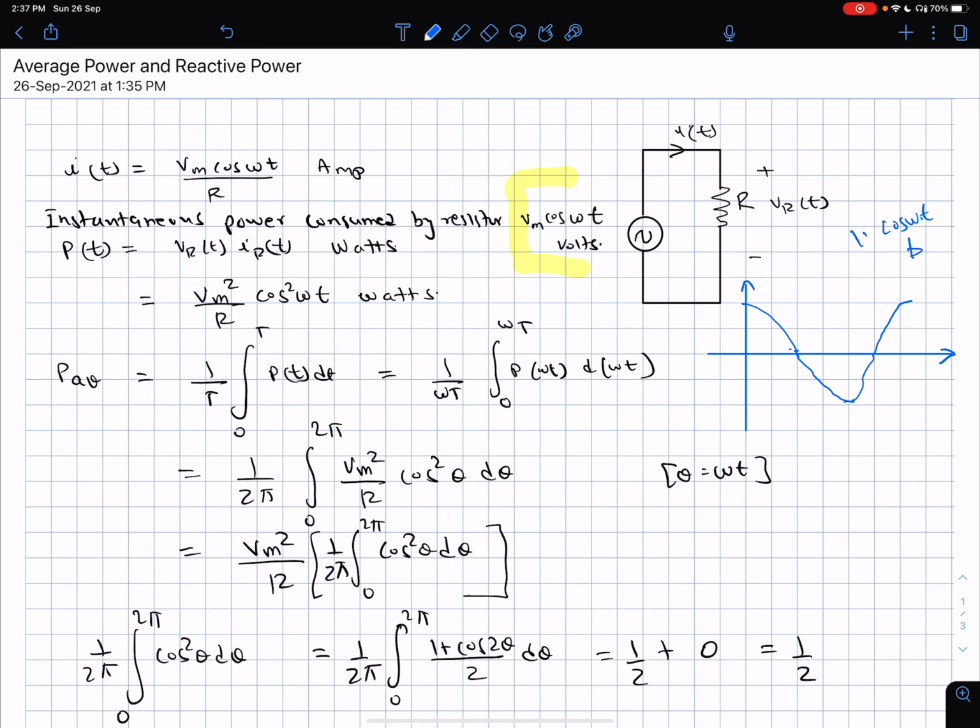Now if you square it, it is not drawn very symmetrically, but it's a symmetric waveform like this. If the peak is unity, of course it will square to unit value only.